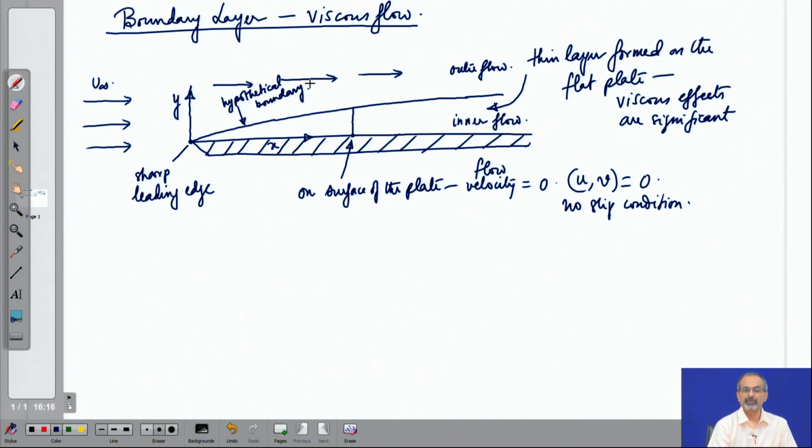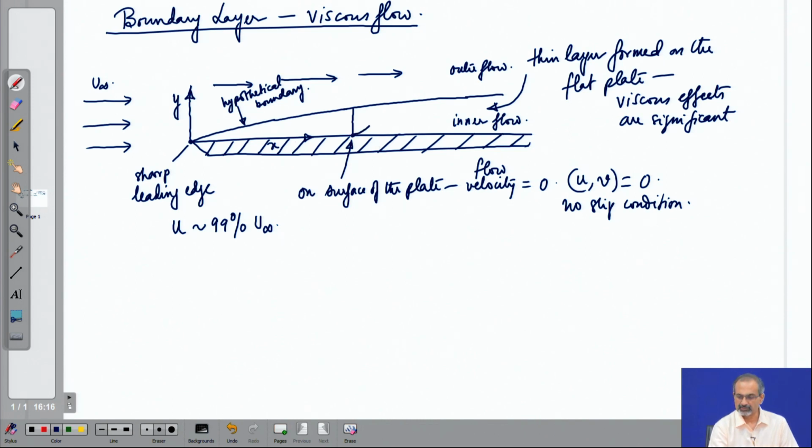On what basis have we defined this boundary? We say that whenever the free stream component of the velocity reaches about 99% of u infinity, then we will consider that as the edge of the boundary layer.